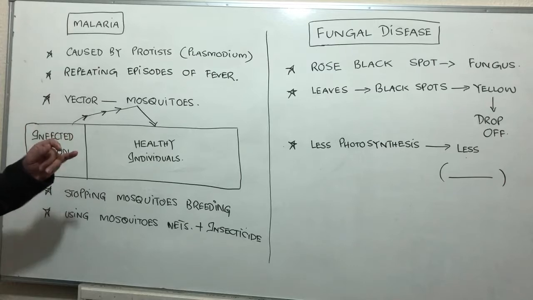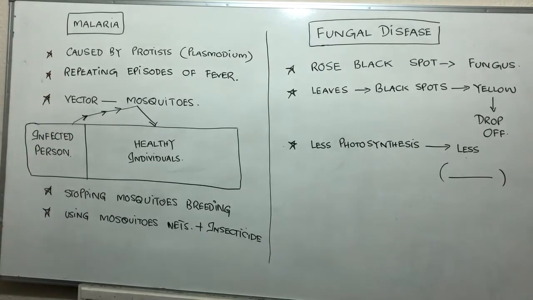Next, we have to discuss a group of diseases caused by protists. In our last lecture, we divided the pathogens into four groups: bacteria, viruses, protists, and fungi.